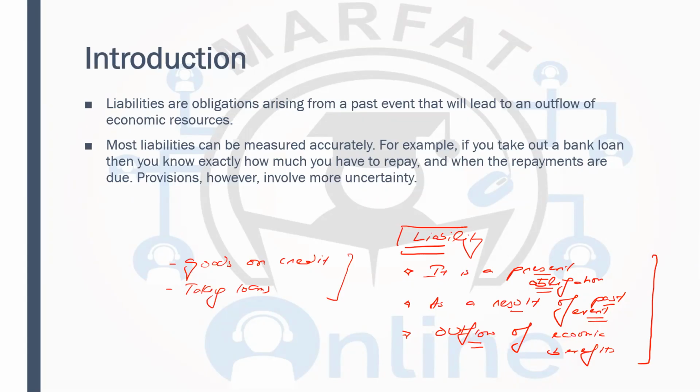But sometimes the entity may have an obligation which involves uncertainties. Like, for example, you have offered a warranty.